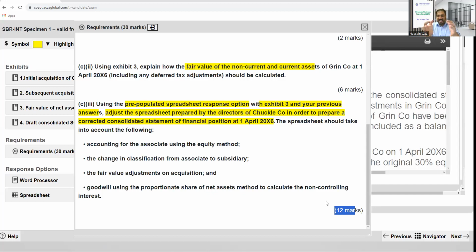This is what ACCA has started from September 23. And what I personally think is the examining team has given students more margin for workings and calculations, because before September 23, this pre-populated spreadsheet option was not available, and it was something about discussion.